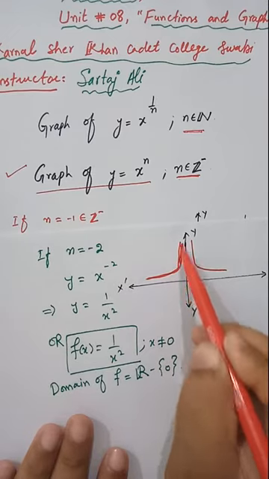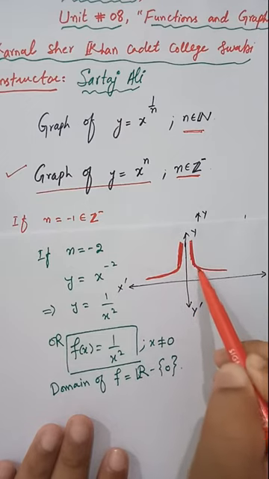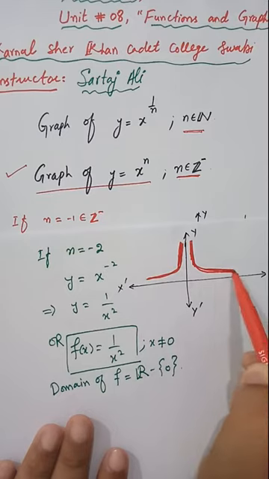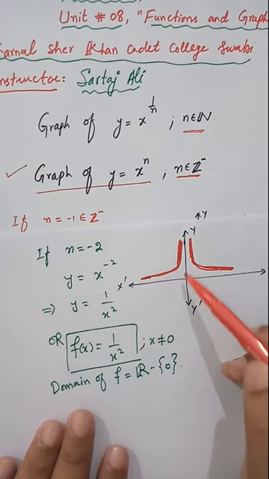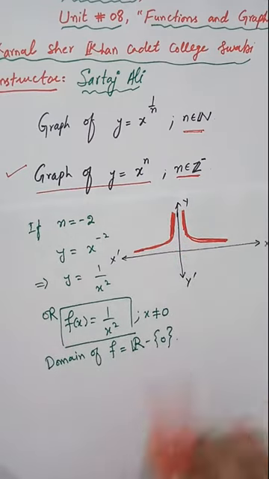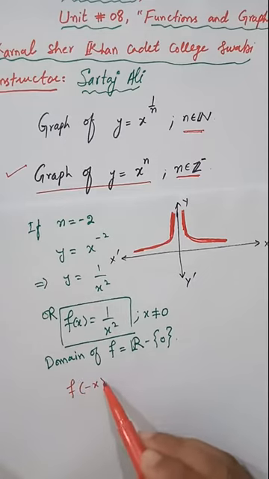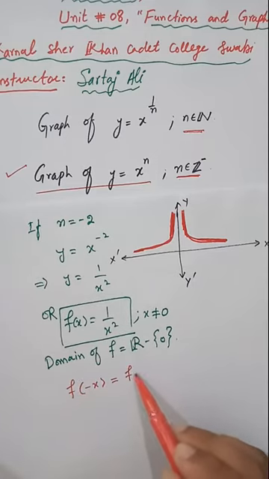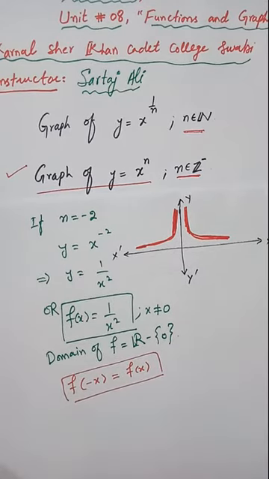Now this will be the graph. This graph is symmetric about the y-axis, and this function is an even function, because when you plug in the negative argument you get the same function. Such types of functions are called even functions.